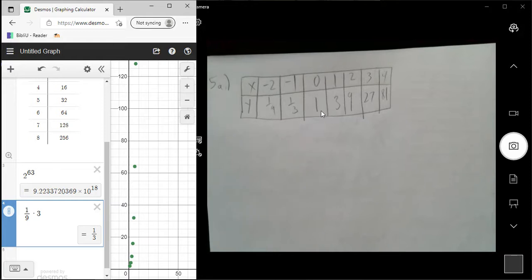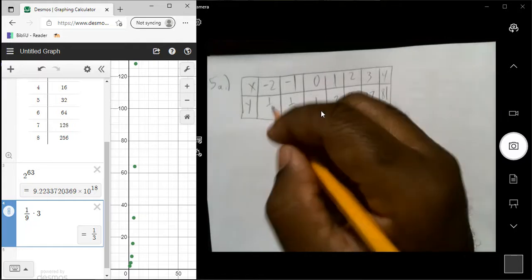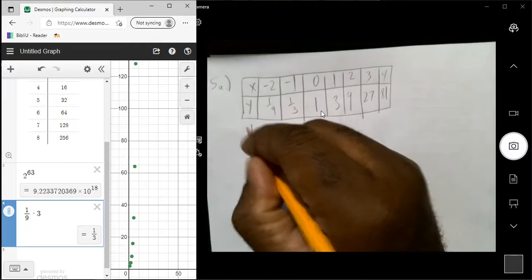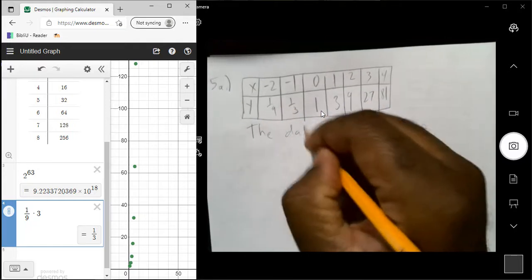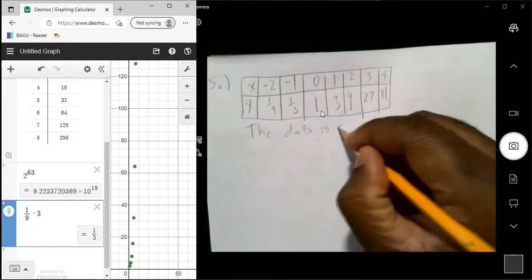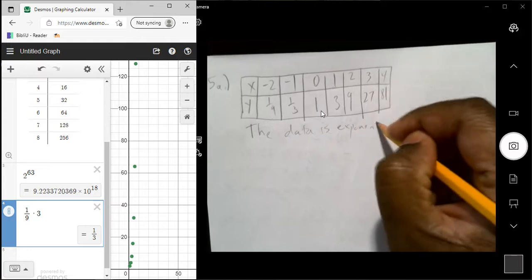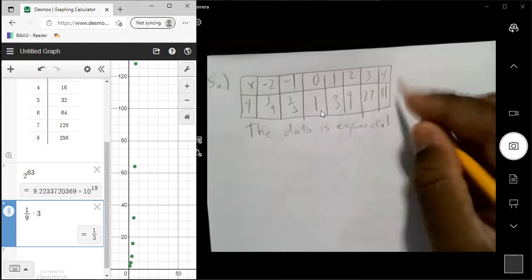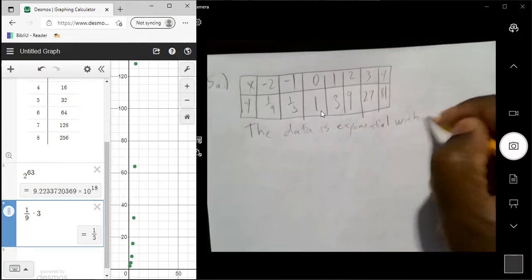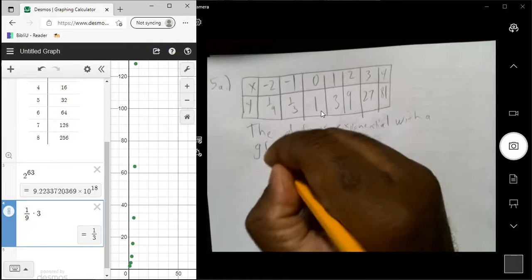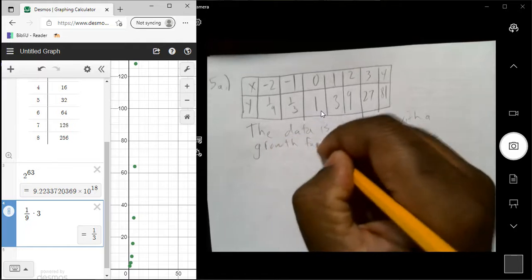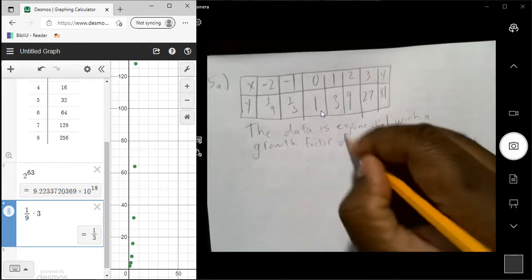So this is multiplication by 3, so it's exponential. So we will write down the data is exponential with a growth factor of 3.